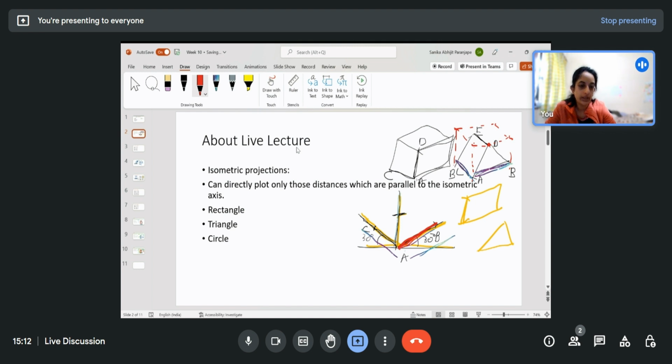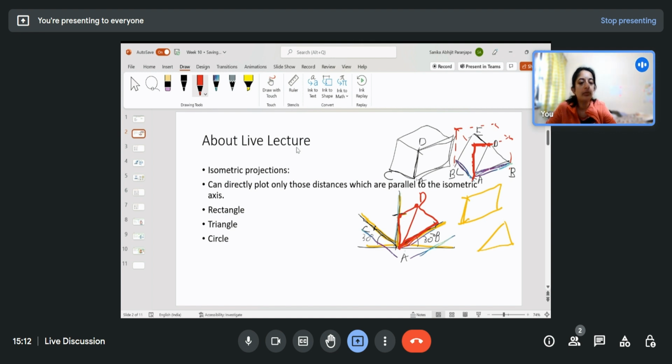To locate point D, you need to go this distance above A, and then you can go this distance to the right of A, parallel to this axis, similar to parallel to AB. Then you can locate this point D, and then you can join D to A and B.